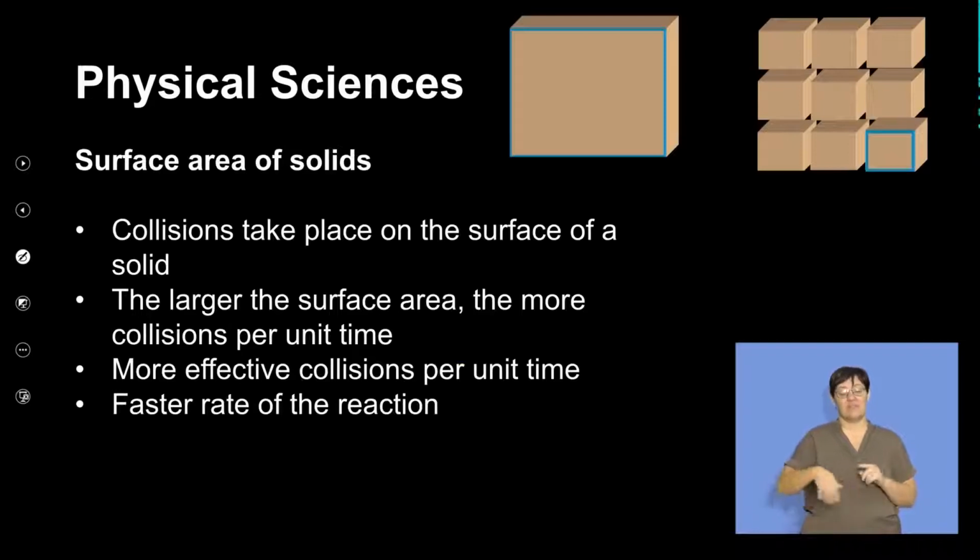When we have surface area that's bigger, if we look at this surface area there, it's a smaller surface area than the one next door. So if we have the collisions that take place, it takes place on the surface area, and like I said, we say it is the contact area.